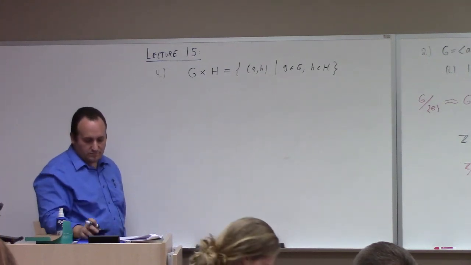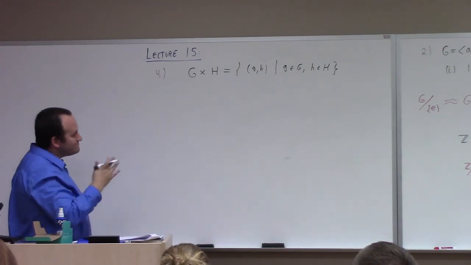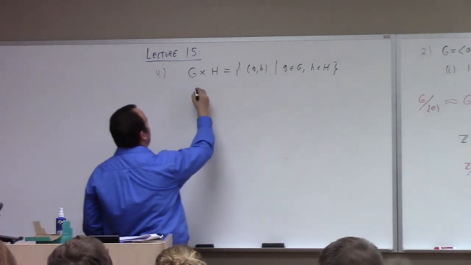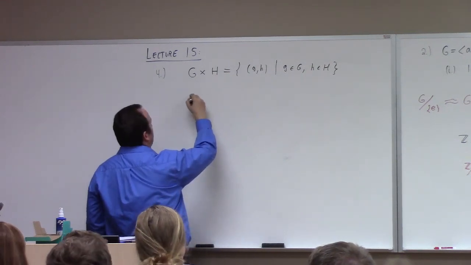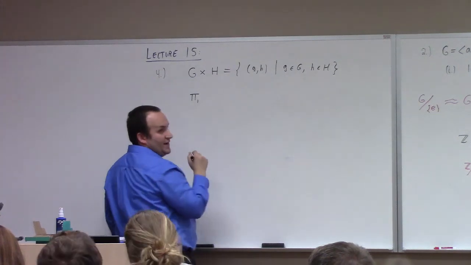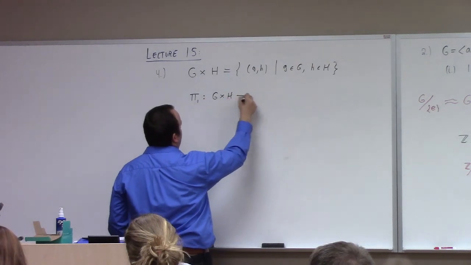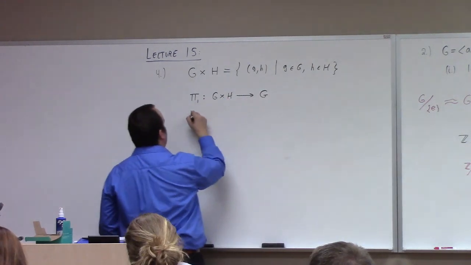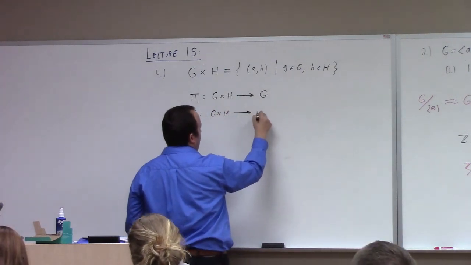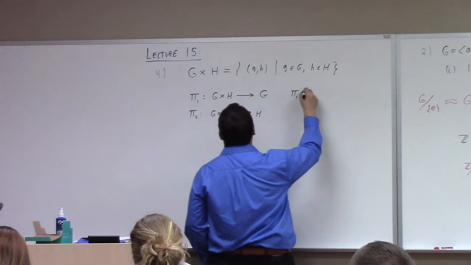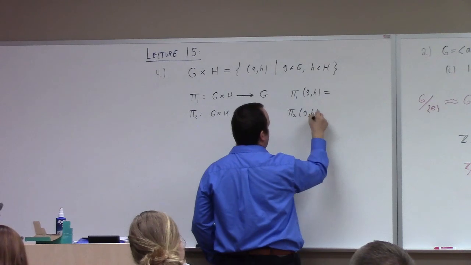Now, I can define pi 1 from G cross H to G, and I can define pi 2 from G cross H to H as follows. So pi 1 of (g, h) equals what? Pi 2 of (g, h) equals what?